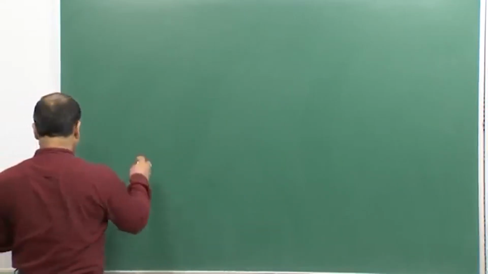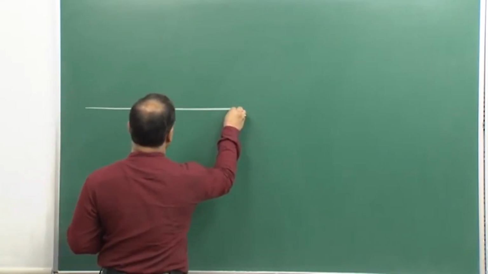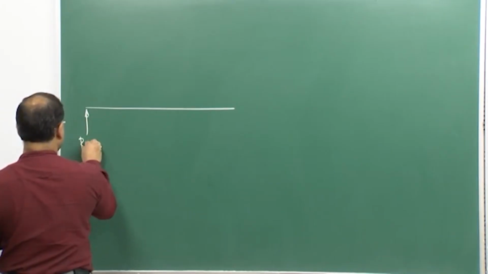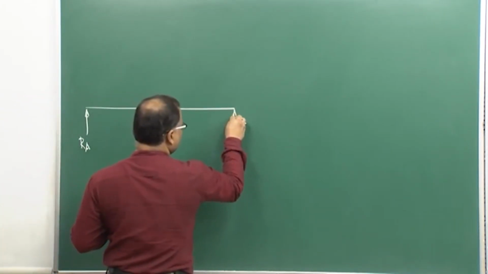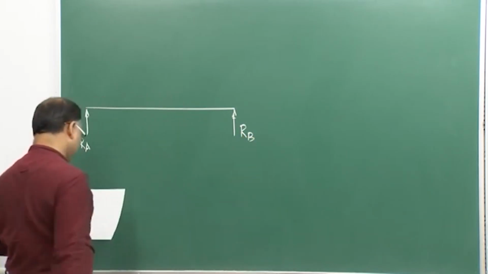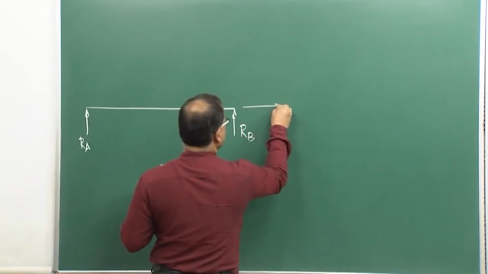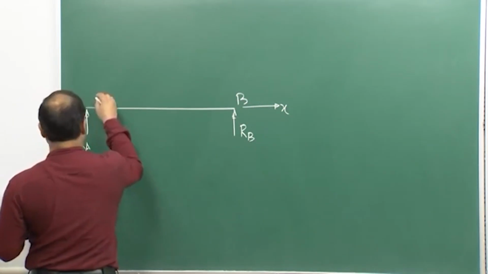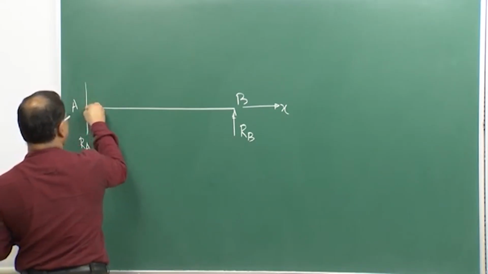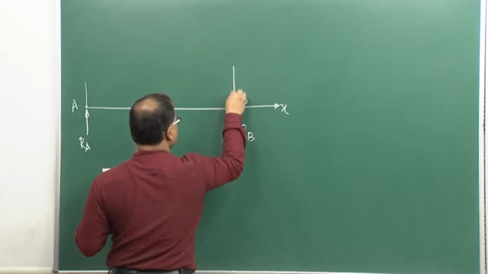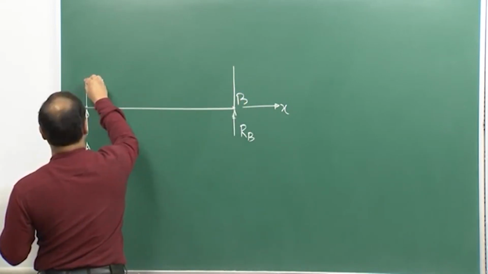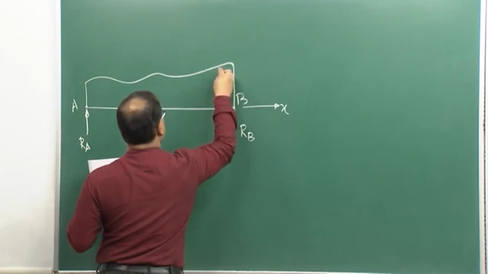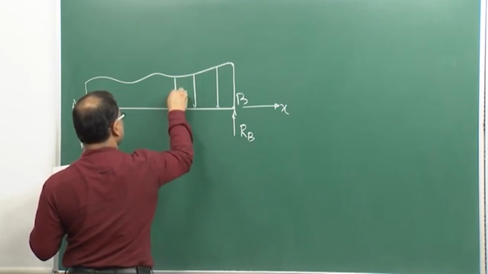Suppose you have this kind of distributed load over the beam, where RA and RB are the support reactions, this is your x direction, this point is B, this point is A, and you have the distributed load like that.